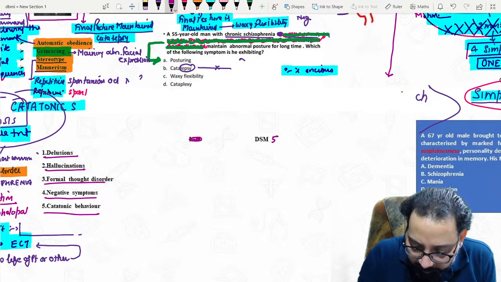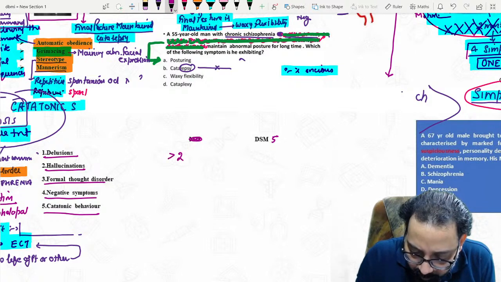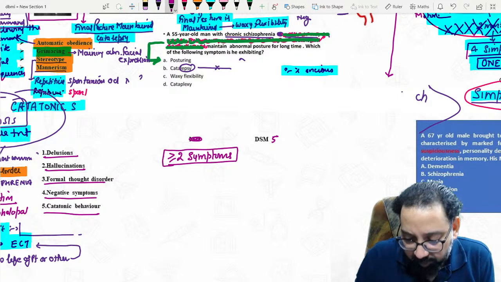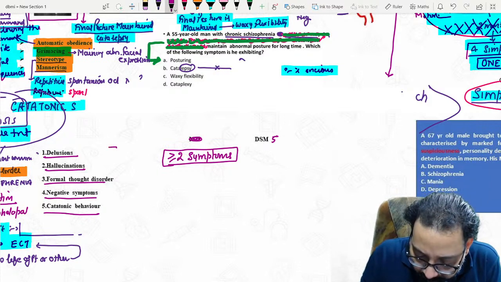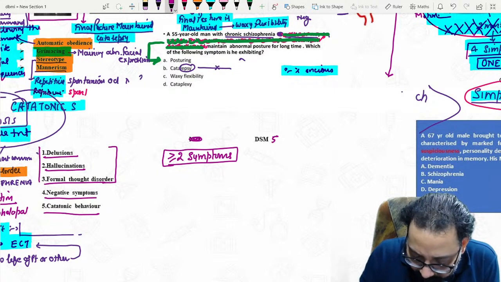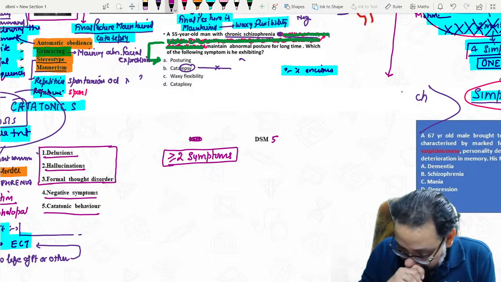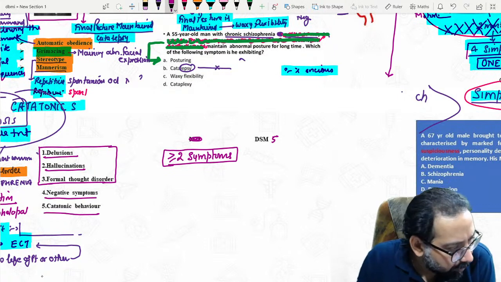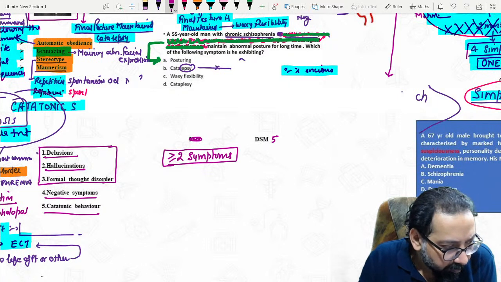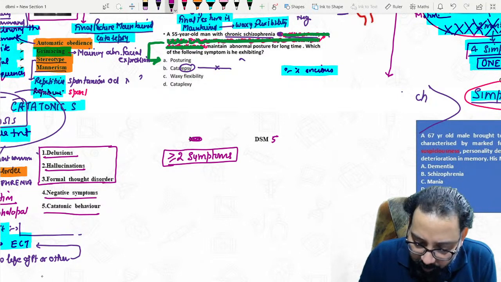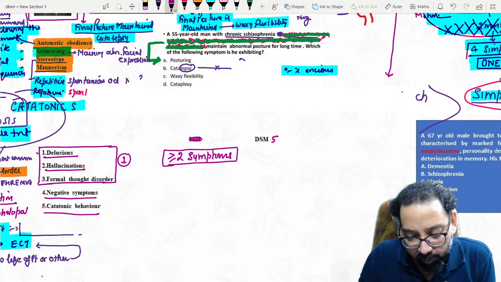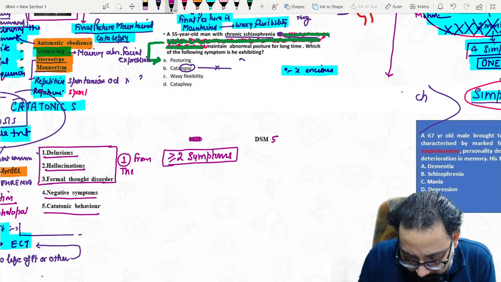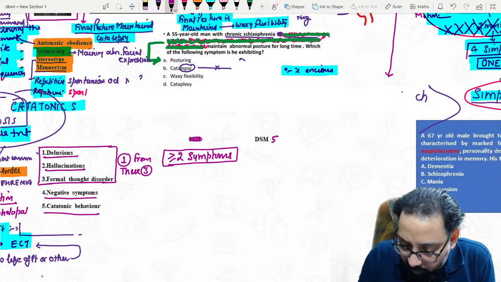According to DSM-5, if two or more symptoms, and out of these at least one symptom from these three, so one from these three and total two or more.